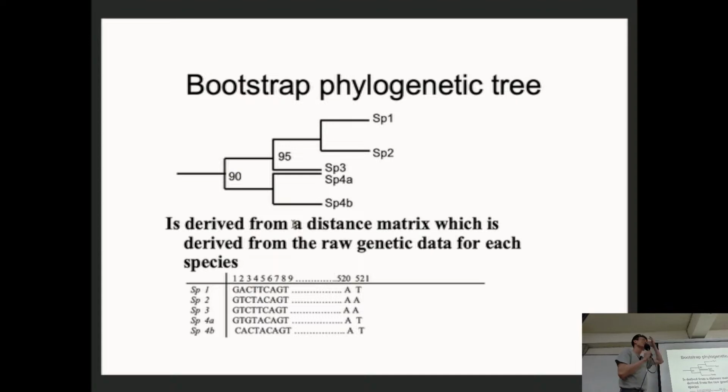100 times, and then that 95 means out of 100 times, there are 95 times the split is consistent with the real data. Okay, which means that you resample your data, and that gives your bootstrap number. So a high number means that split is more confident, right?